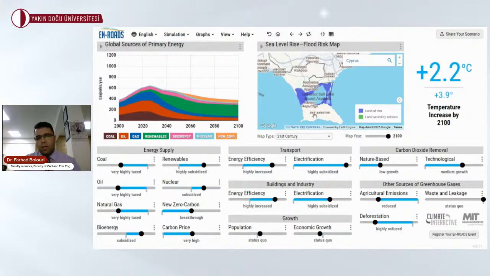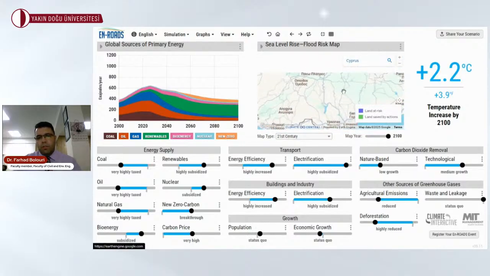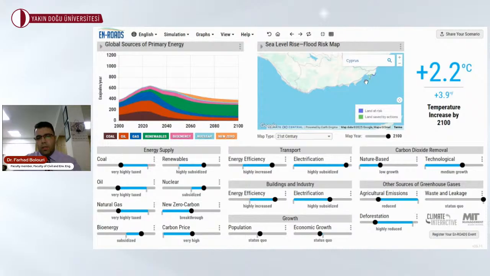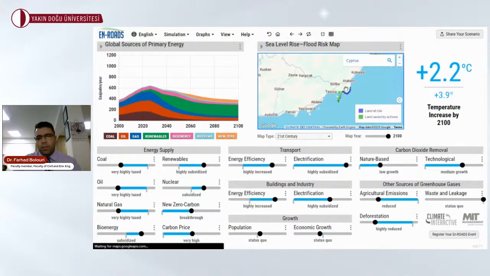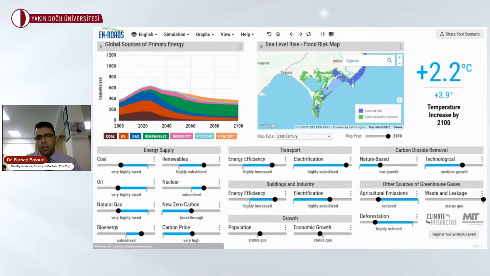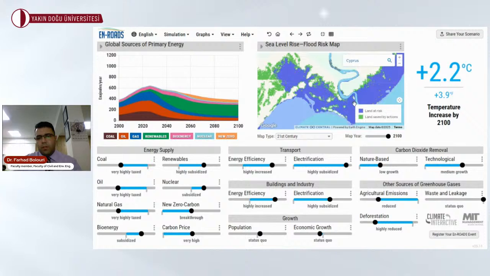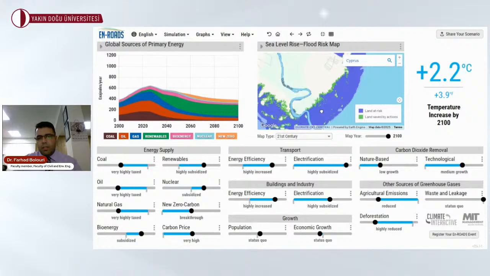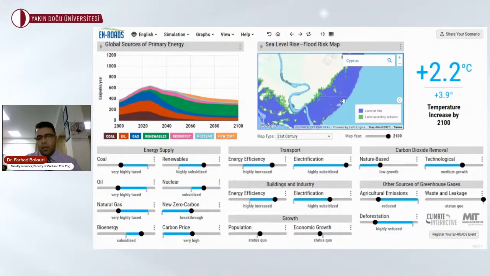Even in the Turkish part, in the country of Turkey, if you come to Antalya and the other parts, you see so many parts are in danger, at risk, and if we don't do anything, so many kilometers of the land will go under the water.